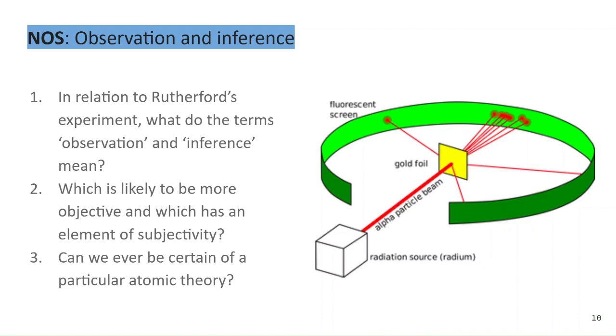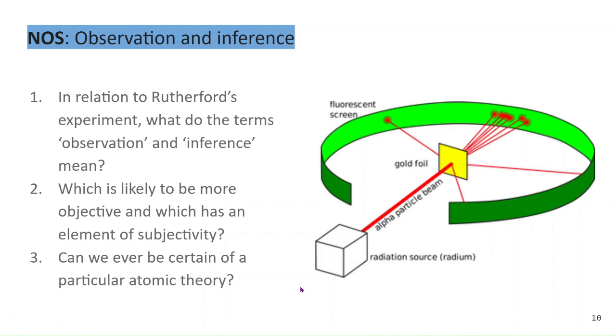Because it requires interpretation and reasoning, and so there's multiple steps there in our own rationale and logic, which introduces subjectivity. Another question we could ask is, are observations completely objective? Do they have a level of subjectivity? I would say they do, but you could argue about that if we wanted.